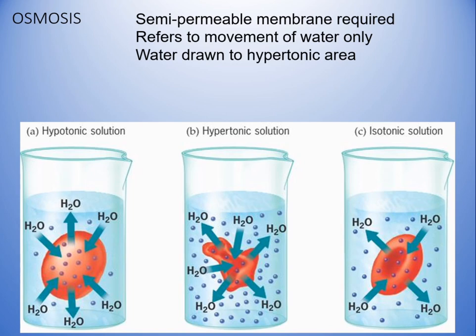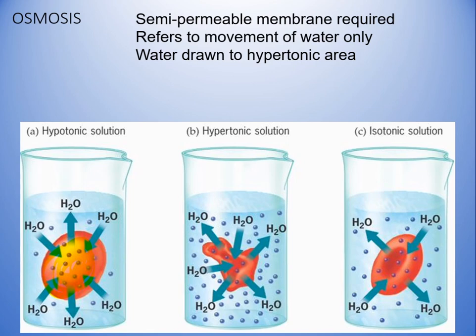There's a simple way to remember which direction in which water will move. And that's by defining the hypertonic area in any place. Let's just look at these pictures down here very quickly. And I want you to see that the little dots are solutes. So the cell on the left is hypertonic. It has a lot of solute in it.